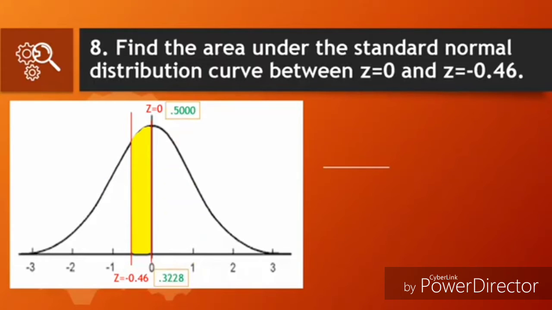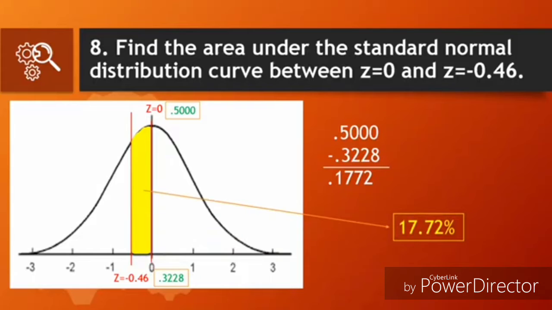To find the area, we will just subtract them. 0.5000 minus 0.3228, we have 0.1772. Therefore, the area under the standard normal distribution curve between z equal to 0 and z equal to negative 0.46 is 17.72%.